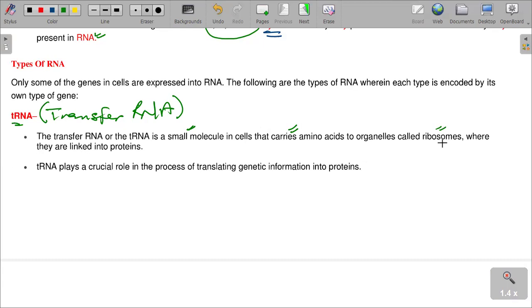As we go into the next presentation, what you should perceive right now is that tRNA brings amino acids to the ribosomes, which relates to the process of complementary pairing of the codons and anticodons. So tRNA brings the corresponding amino acids that must be used in the translation of genetic information into proteins. So that is tRNA.